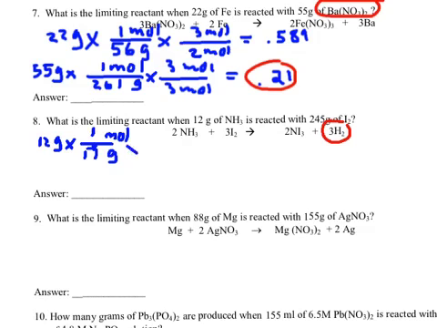Okay, now, so I have NH3. So what I have to do now is I say it takes 2 moles of NH3 to make 3 moles of H2. So 2 moles of the reactant make 3 moles of the product, and when I multiply all that through, I'm going to get 1.05 moles of hydrogen produced.